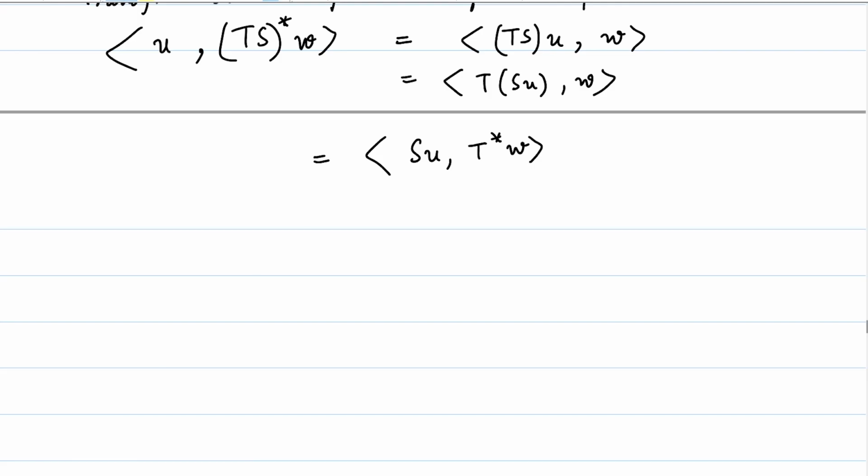All right, now we are going to use the property of the adjoint of S to conclude that this is equal to ⟨U, S*T*W⟩.